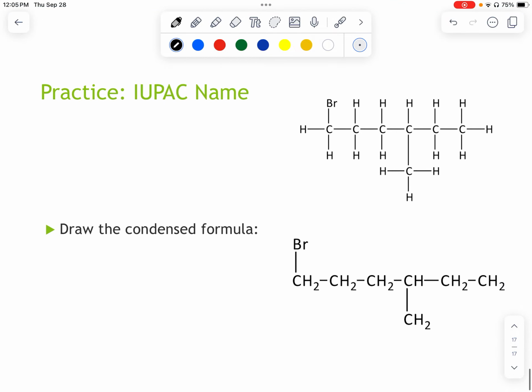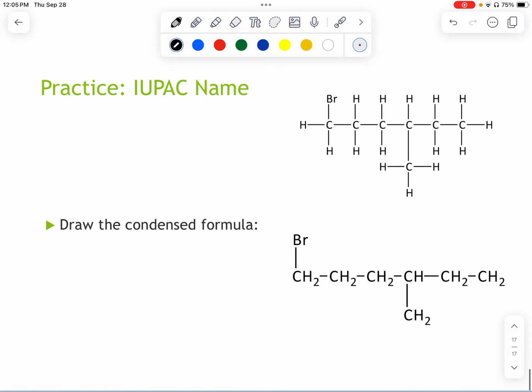Okay, let's practice here. We've got our formula drawn. Now let's condense it, right? So the condensed formula looks like this. But we can write it, bromine, if you want to put it into brackets, you can.